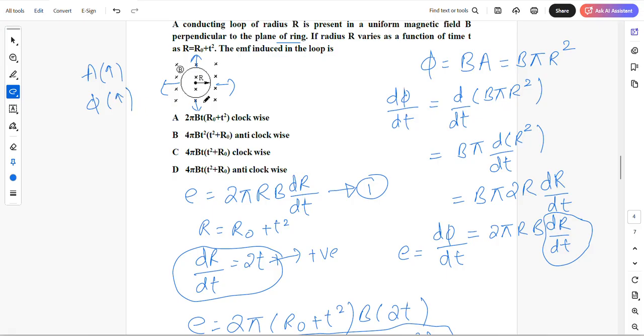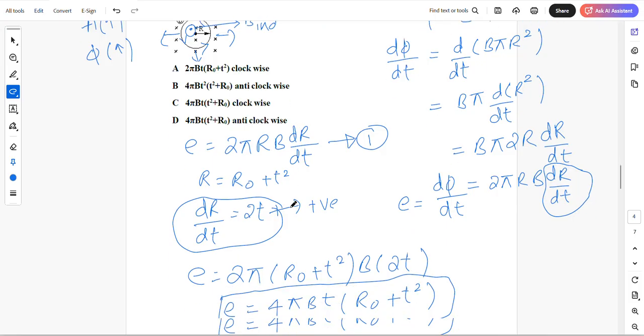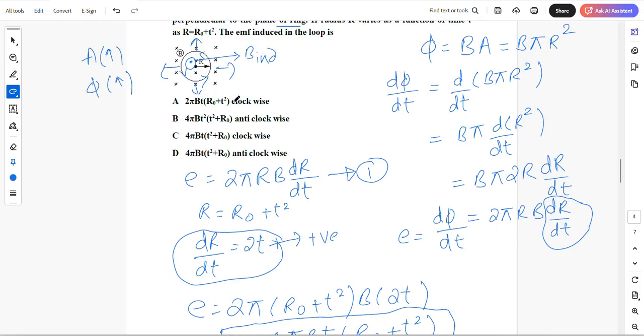If flux increases, it will produce a field of opposite direction, B induced. Therefore here you will get an induced EMF which is in the opposite direction. Opposite direction means anti-clockwise direction. B induced is opposite of B, therefore E induced will be in the anti-clockwise direction.